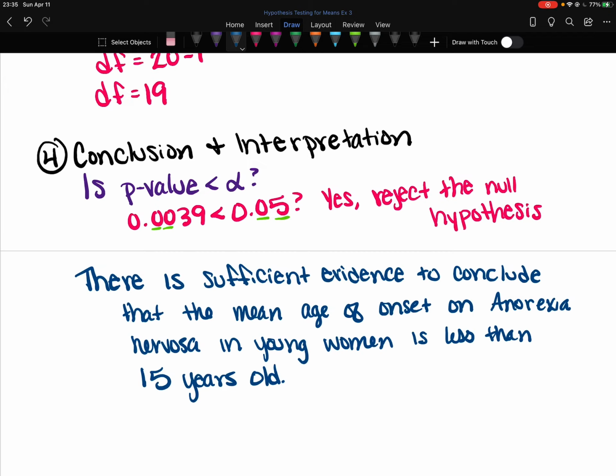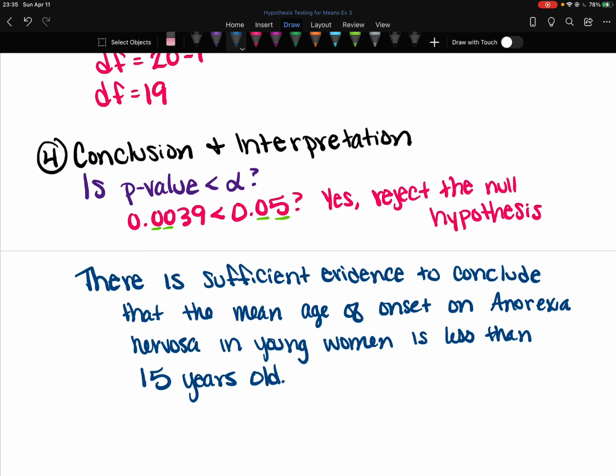Now this is one that I want to add something at the end of this. This is a complete hypothesis test. This is where you could leave it. But I want to talk really quickly about the implications of this.